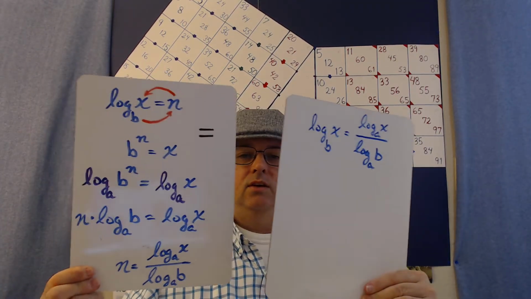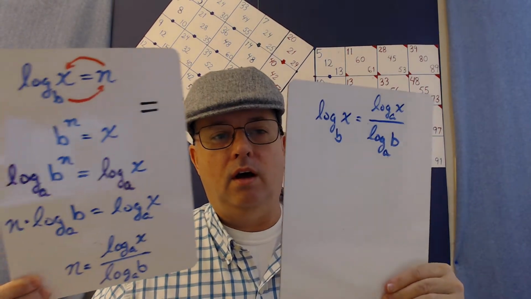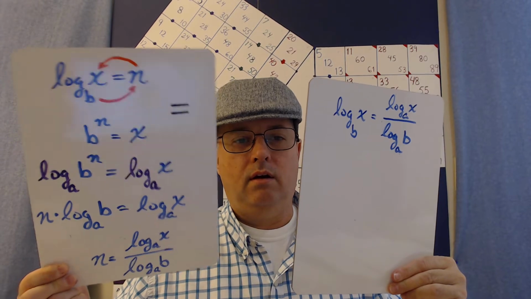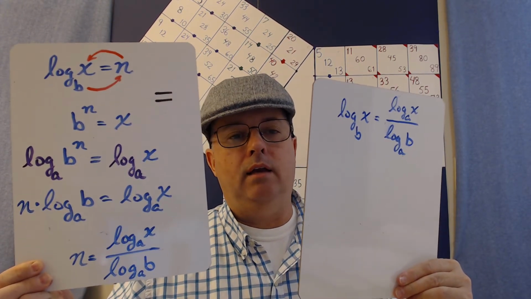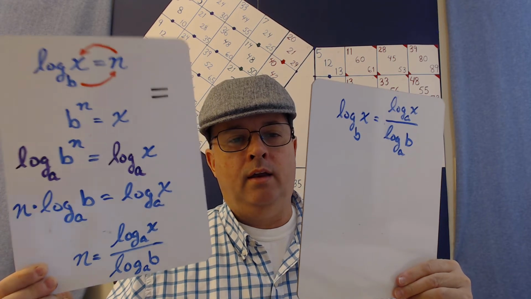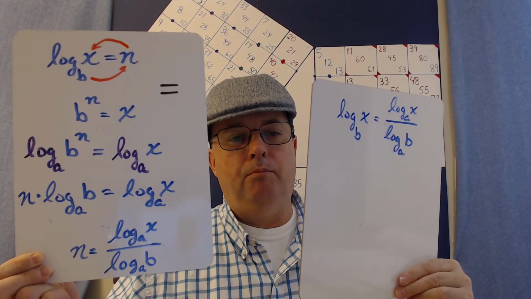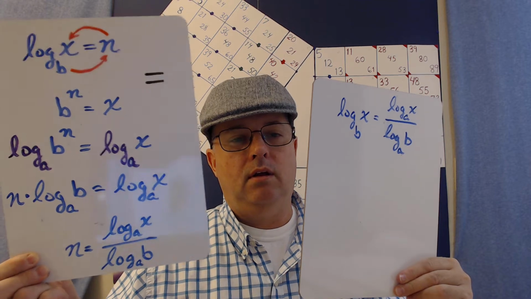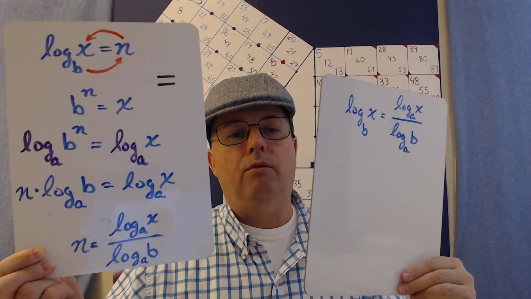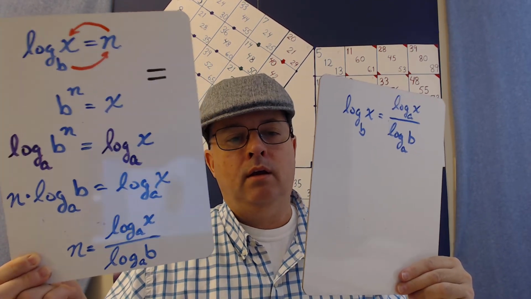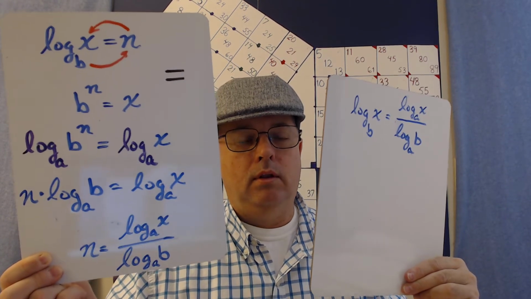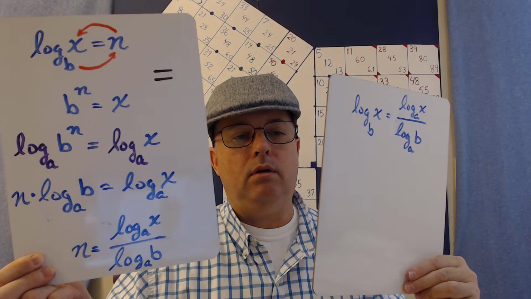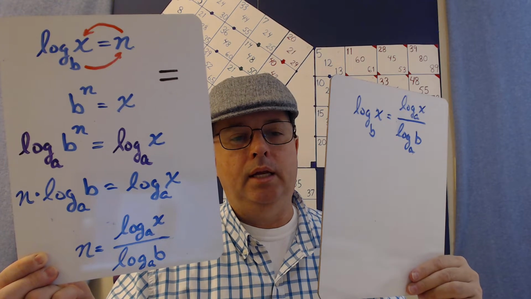Okay. So over here, we started off at the top with the log base b of x equals n. And then the next step was to write b to the n equals x. And then we took the log of both sides over here. Since we had a power to a power, the n would come down in front of the log base a of b.